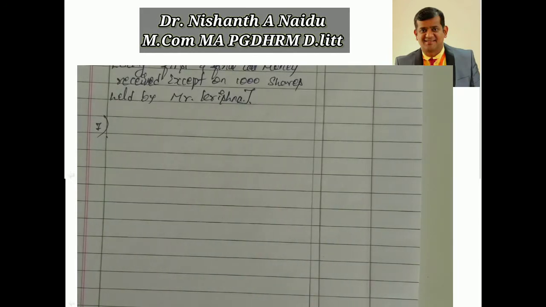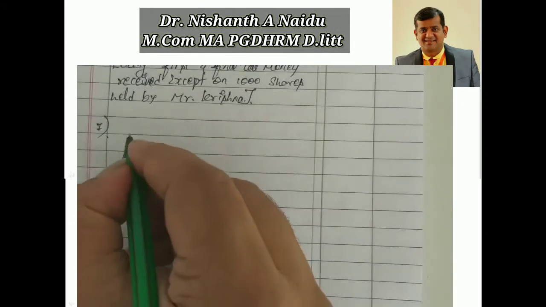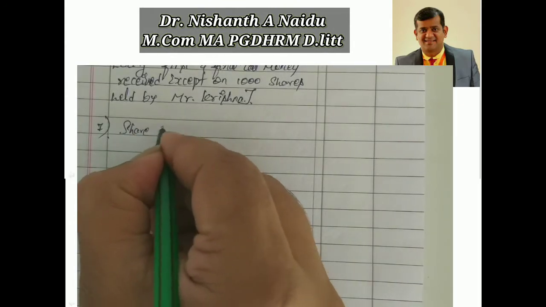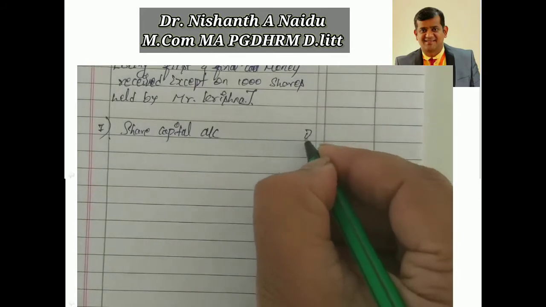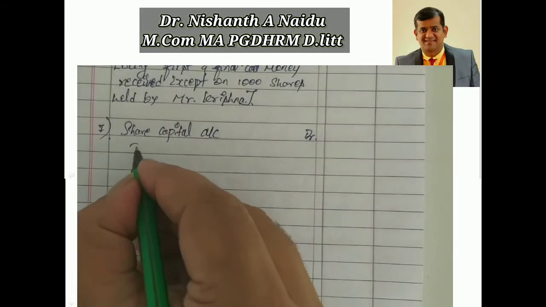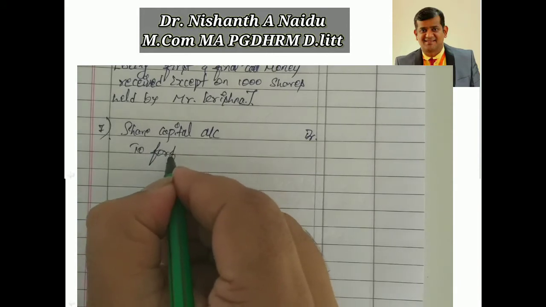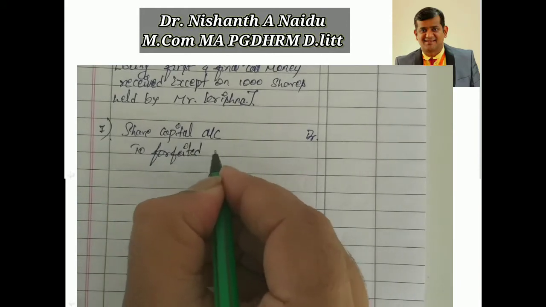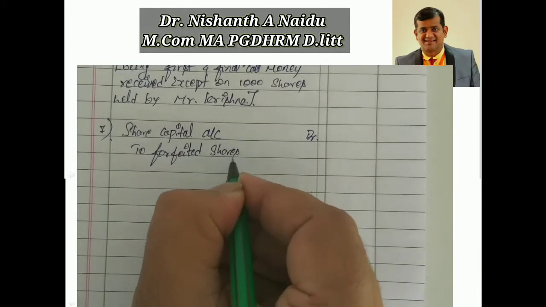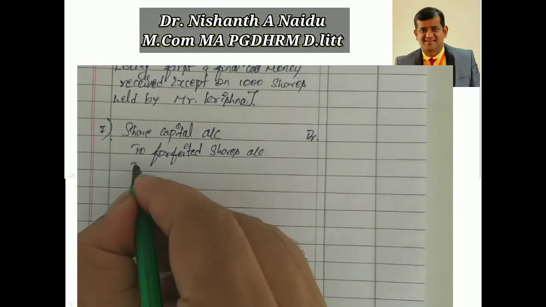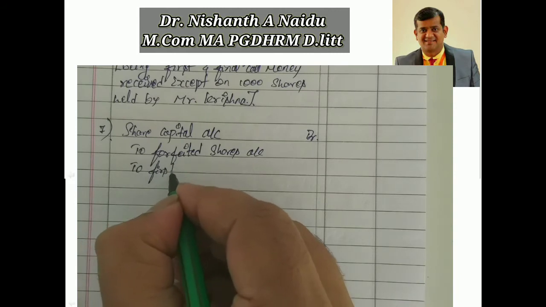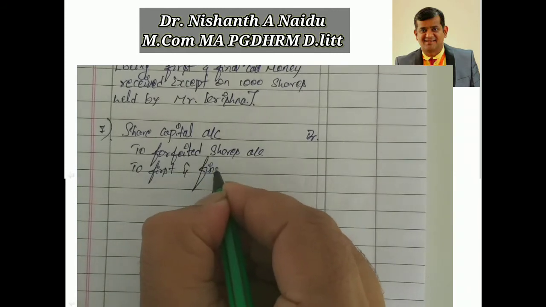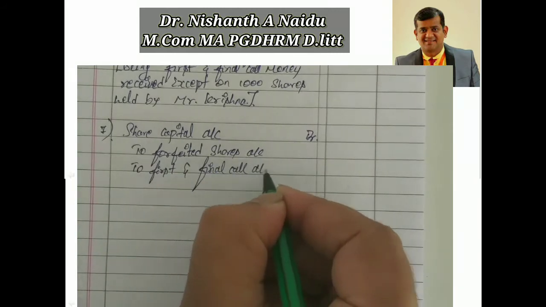So now I'm moving to the seventh entry. What is the seventh entry? That is the forfeiture entry. Okay, so let us pass the forfeiture entry. Share capital account debtor to forfeited shares account, and to the first and final call account, on which money was not paid.